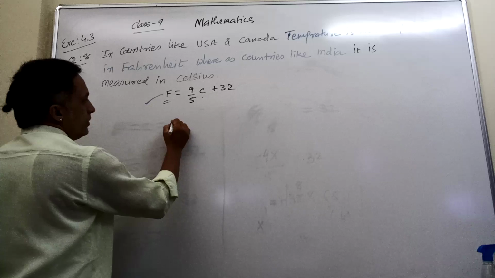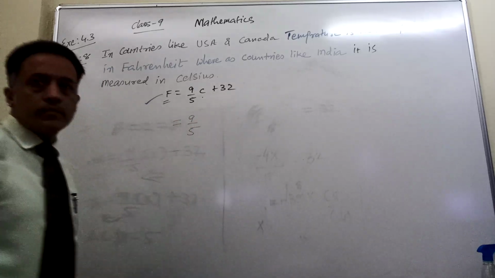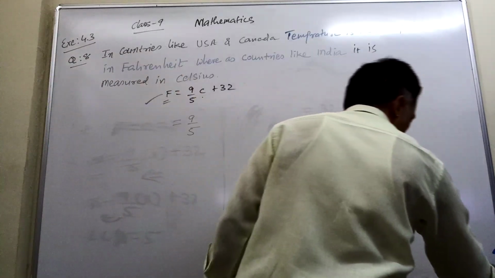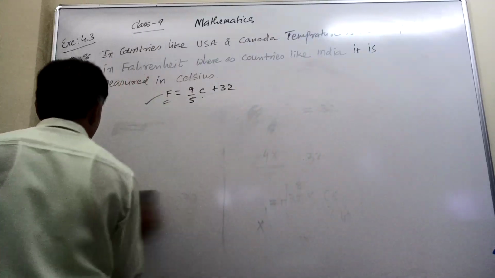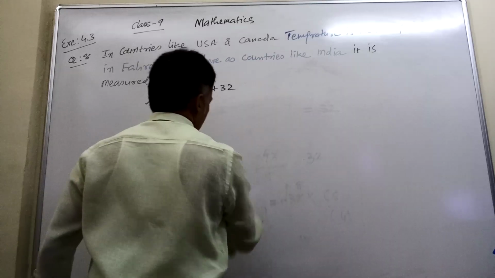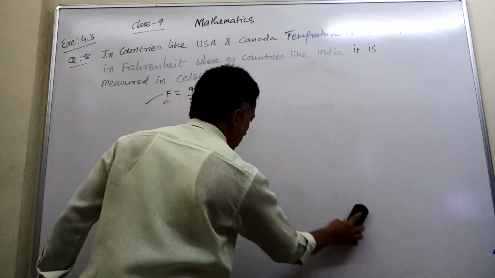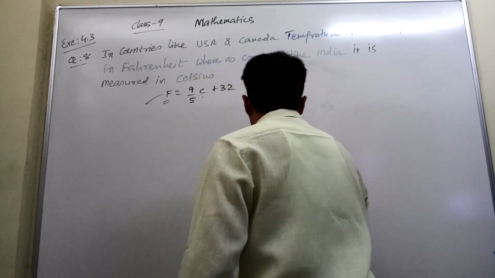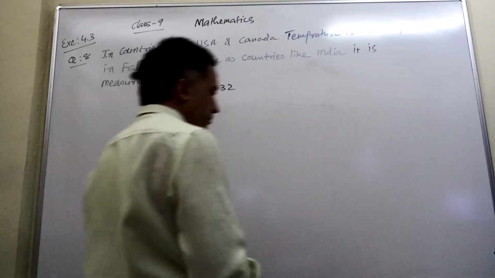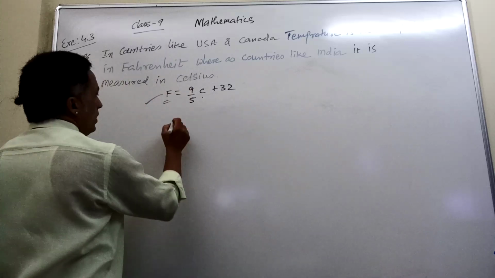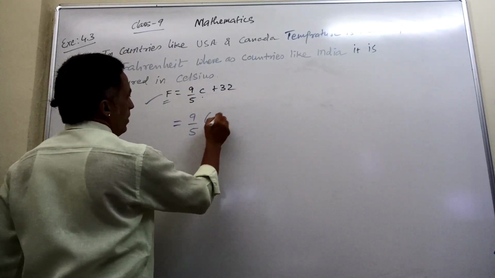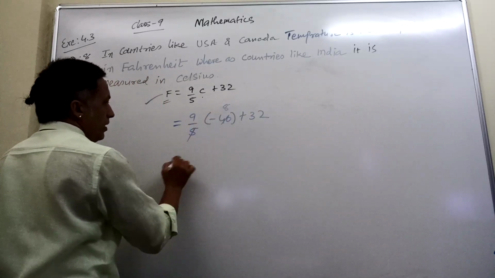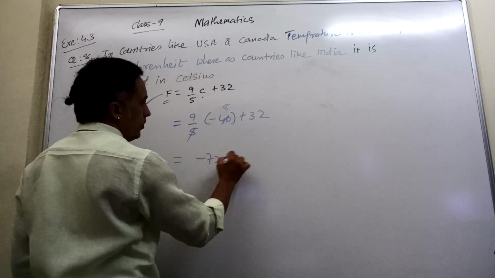So here what I will do: 9 upon 5, I am taking minus 40 over here. 5 8s are 40, so I will have 9 8s are minus 72 plus 32.